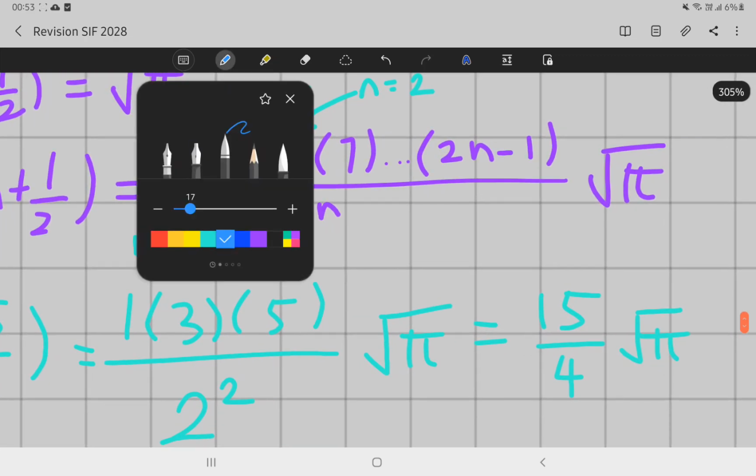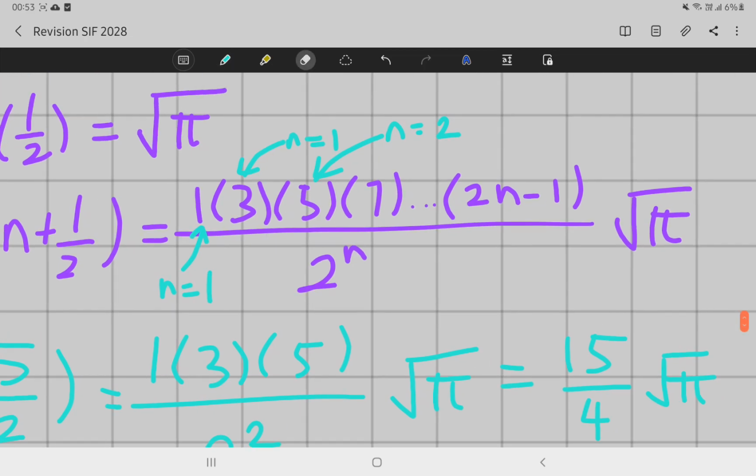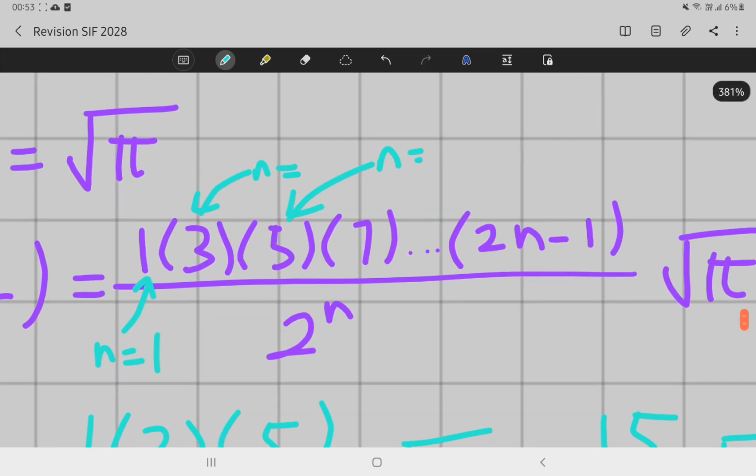We cannot substitute n equals 0 over here, so we need to start from n equals 1, n equals 2. I forgot about that. So n equals 2, n equals 3.